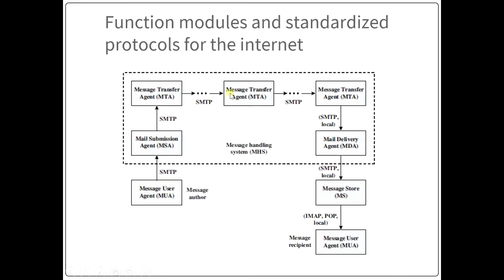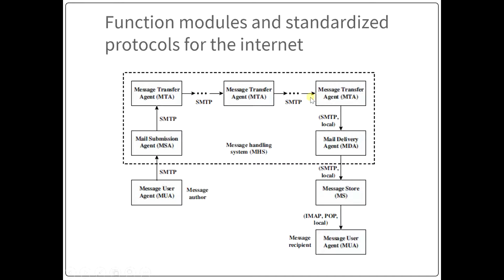The next key component is the message transfer agent, in short the MTA. The MTA relays mail one application-level hop at a time. It is like a packet switch or an IP router, and its job is to make routing assessments and move the message closer to the recipients.